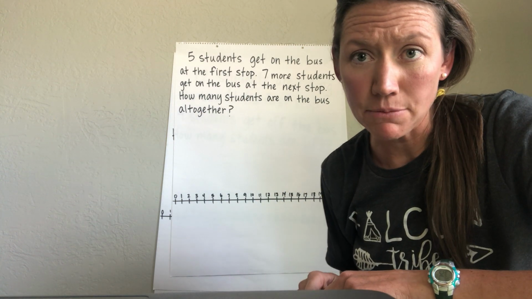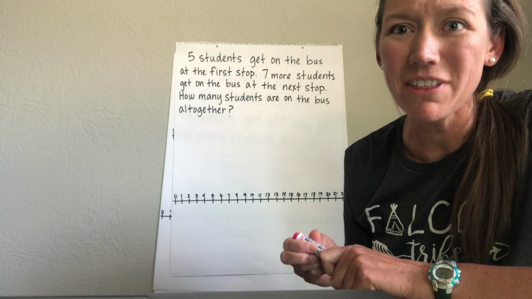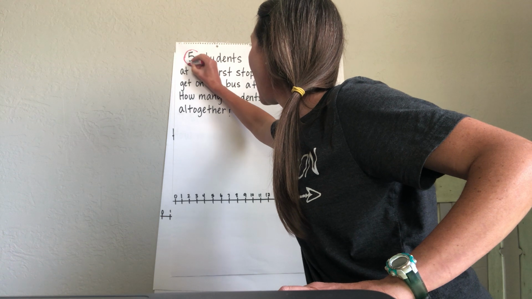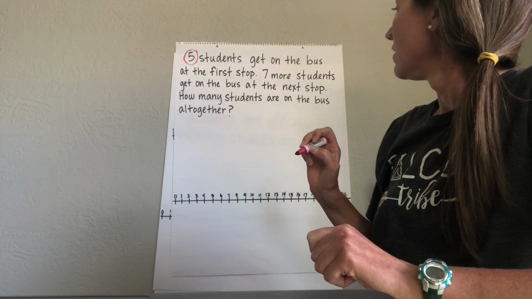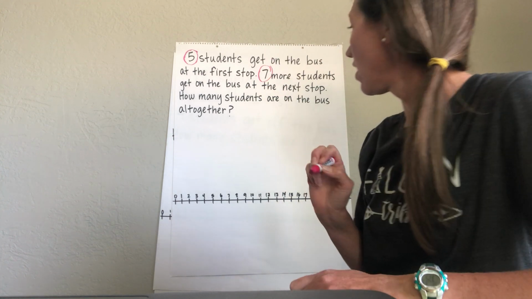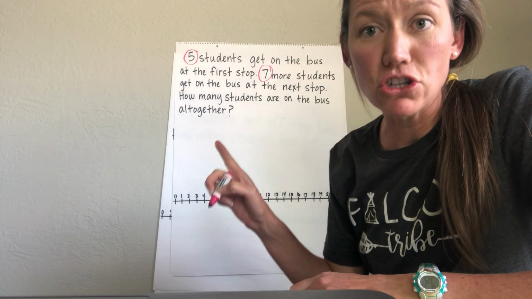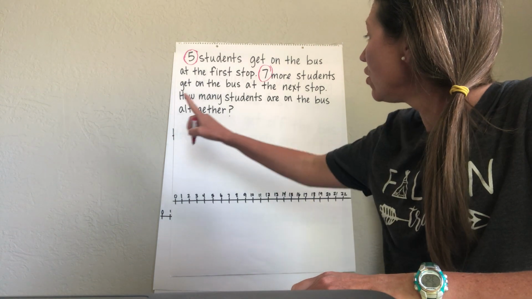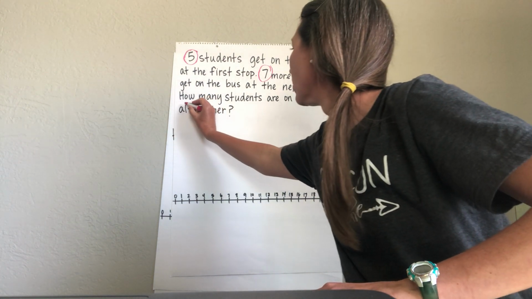Well, the first thing I'm going to do is I'm going to circle the things that I know. I know that there were 5 students that were on the bus, and then 7 more students got on the bus. So I'm going to circle the numbers that I know. And then I'm going to underline the question.